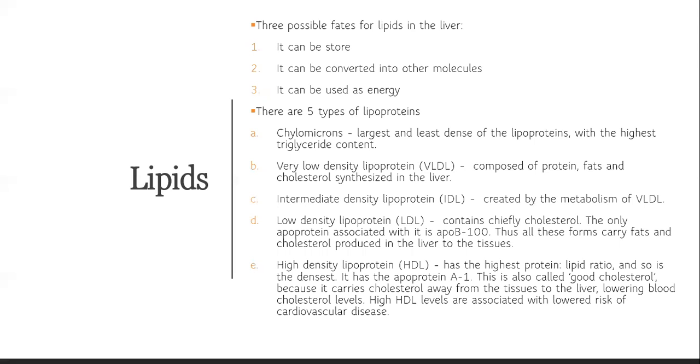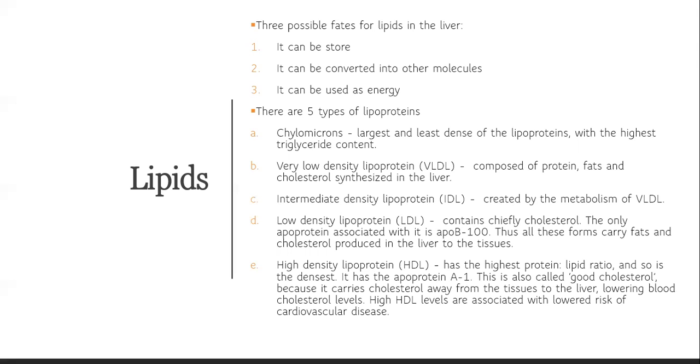There are five types of lipoproteins. We have the chylomicrons, which are the largest and least dense of the lipoproteins, with the highest triglyceride content. We also have the VLDL, which is the bad cholesterol, composed of proteins, fats, and cholesterol synthesized in the liver.